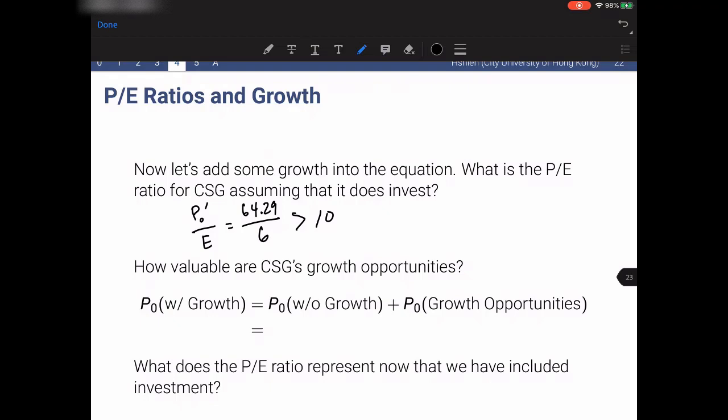And if you work this out, obviously, it's going to be greater than 10. And so how does this formula relate to what we derived in the previous slide? If we include growth or reinvestments in the firm, then the price of the company is actually EPS_1 divided by R_E, or the price of the firm without growth, plus the present value of growth opportunities.